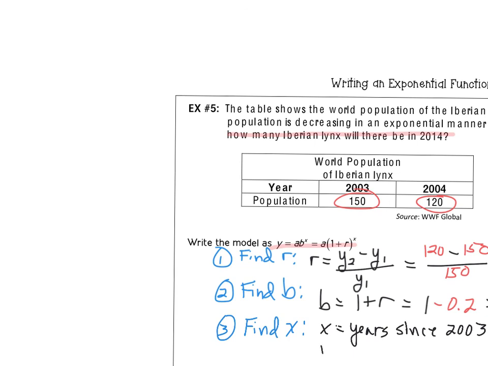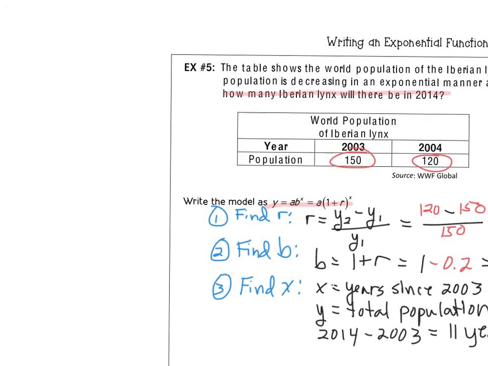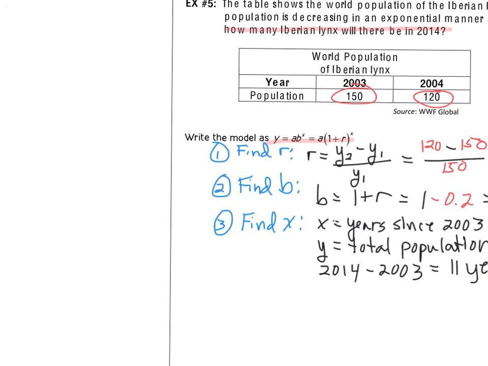And so remember that y is going to equal our total population. To find our x, we are going to do 2014 and subtract the 2003. That is going to equal 11 years. All right, so now we're ready to throw all of that in our formula.